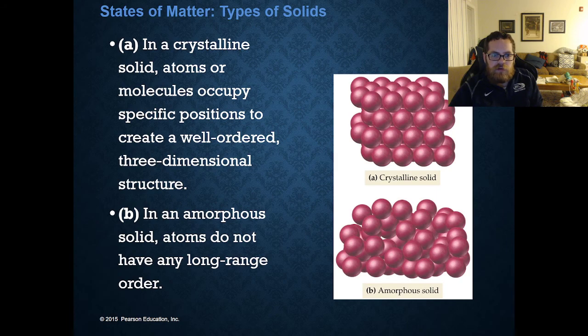So a crystalline solid will look like this. You can see this repeating structure, and it's not just something that small. It will keep repeating, going outwards, to the left, to the right, up and down, backwards, forwards, every direction. An amorphous solid is more like a blob.